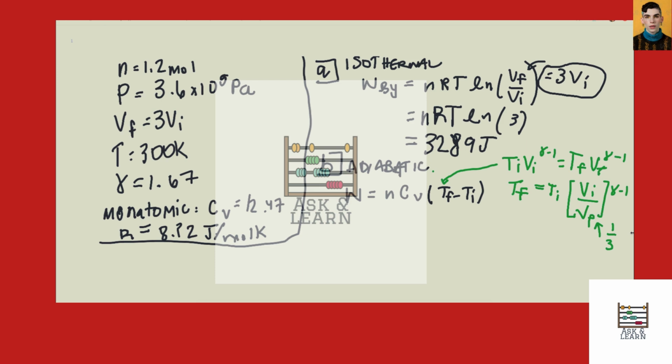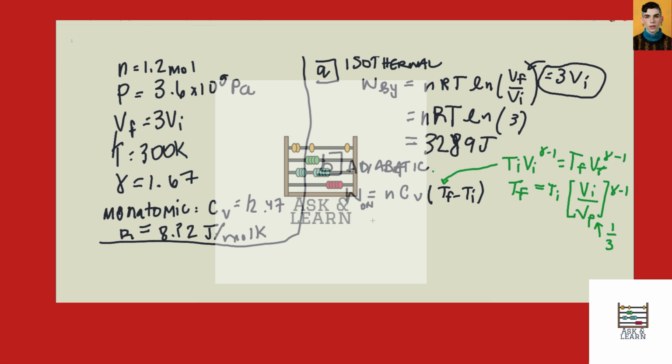This is maybe another point to be clear about: this is the work done by the gas. Oh, excuse me, this is the work done on the gas. The other one was work by.